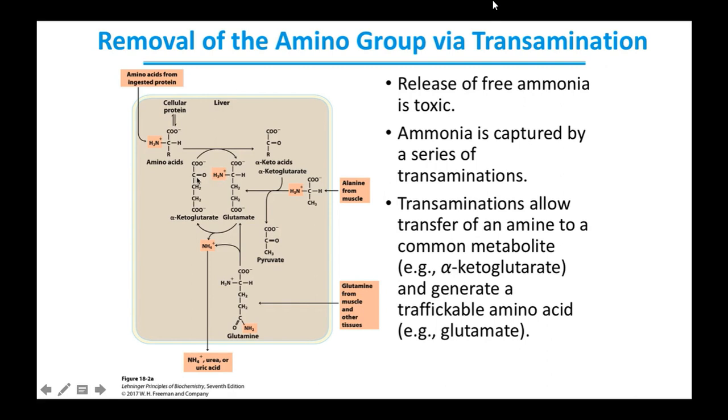What that means is that if I replace the ketone with a primary amine on that carbon, I go from alpha-ketoglutarate to glutamate. And that's exactly what we're seeing here. This amino acid coming in has an amine on that alpha carbon. We're going to generate instead a ketone on that alpha carbon. However, we're going to take alpha-ketoglutarate and generate the amino acid glutamate from it.